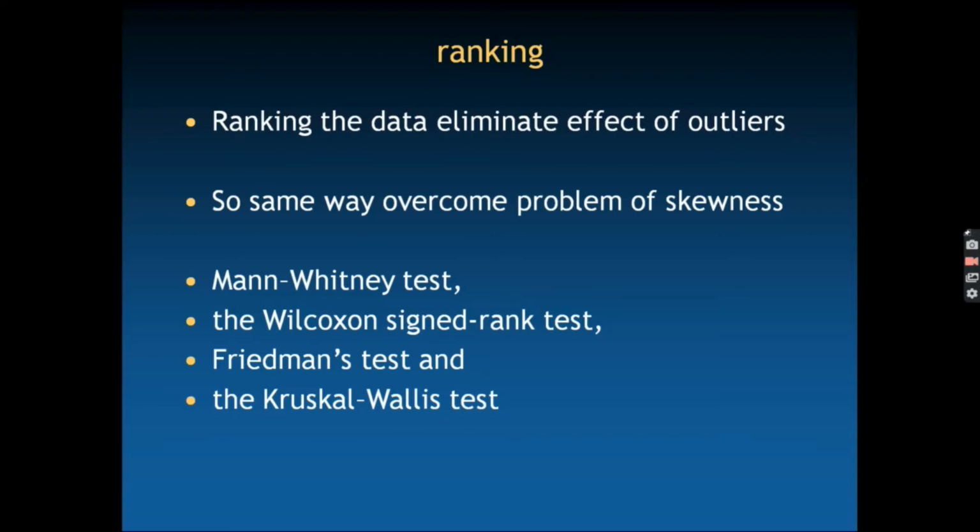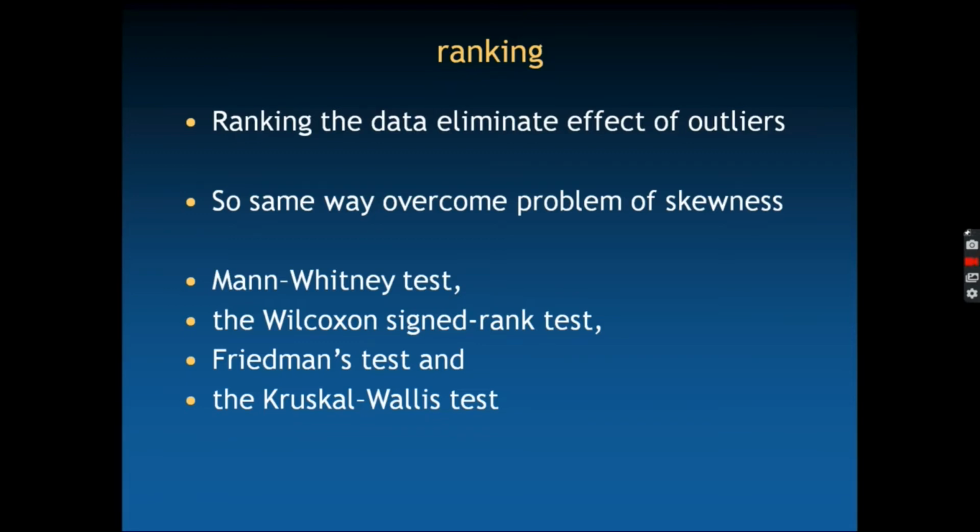The way we give ranks eliminates the outliers and also solves our problem of skewness. These are the non-parametric tests: the Mann-Whitney test, the Wilcoxon signed-rank test, the Friedman test, and the Kruskal-Wallis test.